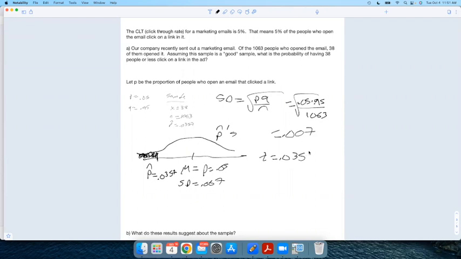In all the examples we've done today, we've gotten a negative z-score, and that's just because the problems I picked happen to work out like that. You could easily have a picture where you've got some p hat here and you're shading above. That will happen just as often.